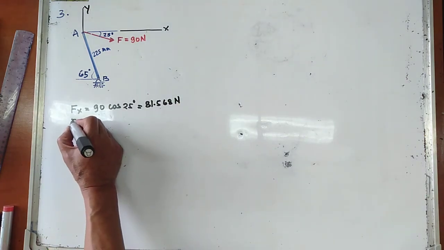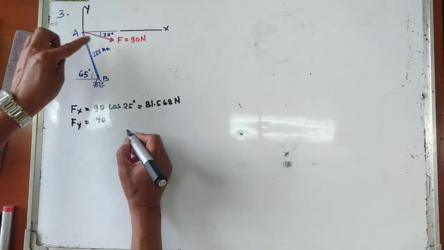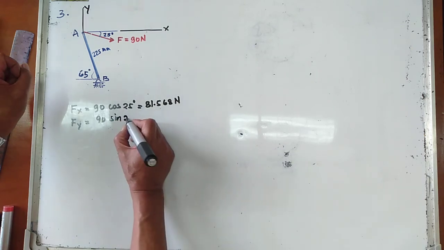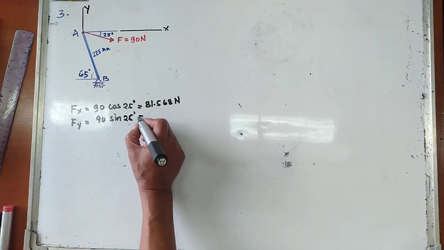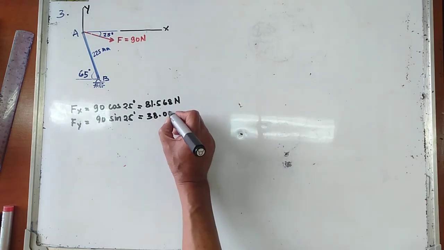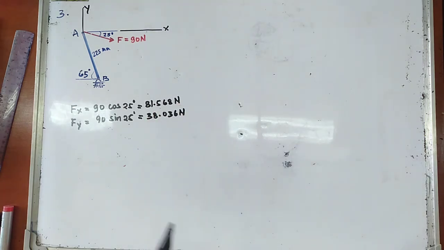Hence, your Fy is equal to 90 sine of 25 degrees, and this is equal to 38.036 newtons.